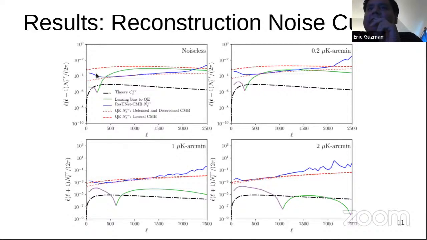And we find that the ResUnet CMB actually approaches the reconstruction noise of that method without us actually having to implement it or train it. So it just learns to optimally delens and descreen in the same way that you would program it to do. So it efficiently predicts both tau and lensing while doing it in a very optimal way.